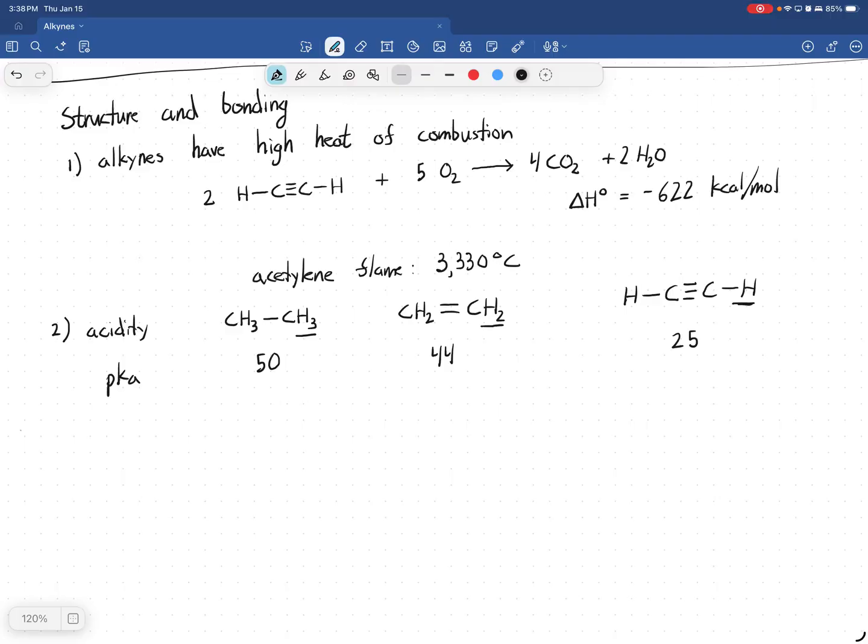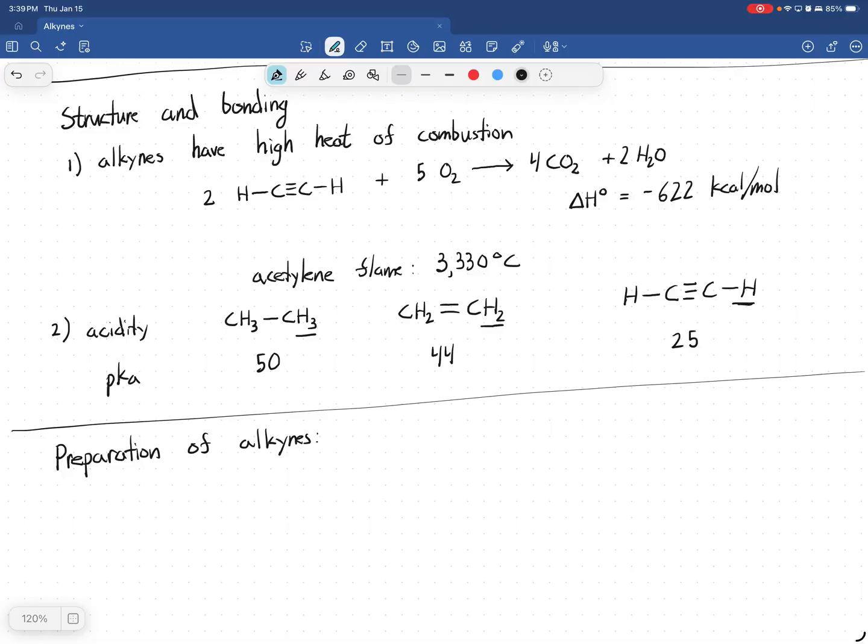So reactions. All right. So preparation of alkynes. So how do we prepare alkynes?